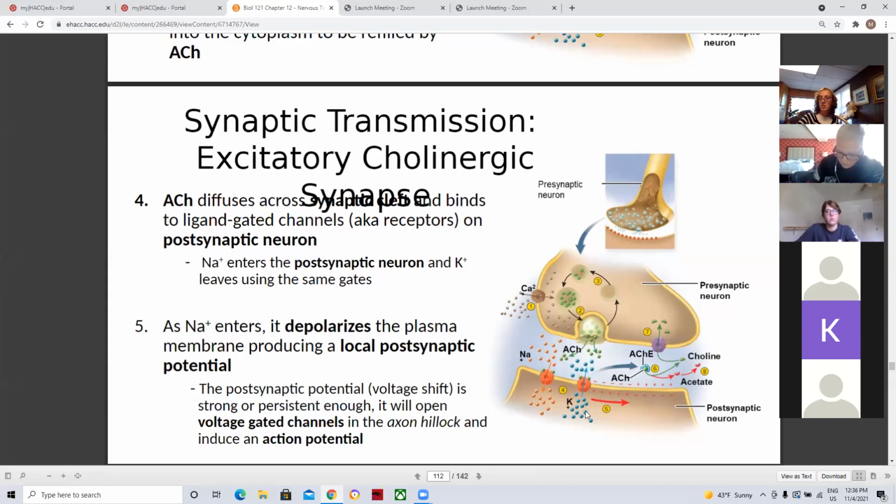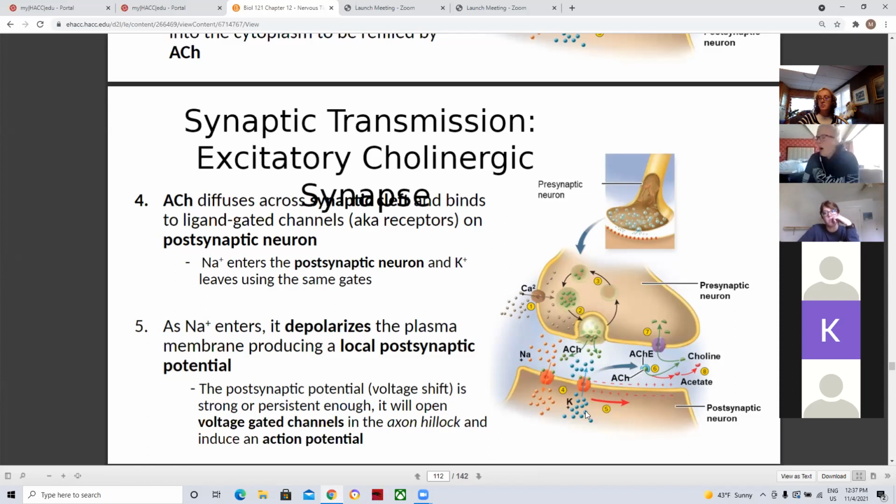So action potential comes down the axon. Once it reaches the axon terminal, it's going to open voltage sensitive calcium channels. When calcium enters the axon terminal, it's going to activate the exocytosis of the vesicles containing the neurotransmitter.